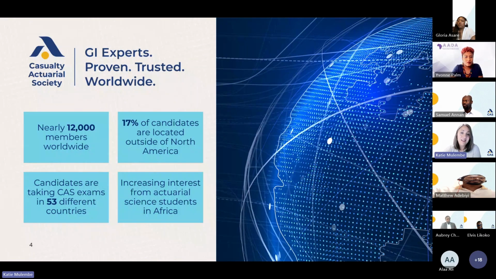And one of the most exciting areas of growth that we are seeing is an increase in students, employers, and universities in Africa who recognize the growing importance of general insurance expertise. So we are really glad that you're here with us, and we really see you as an essential part of the future of the CAS.